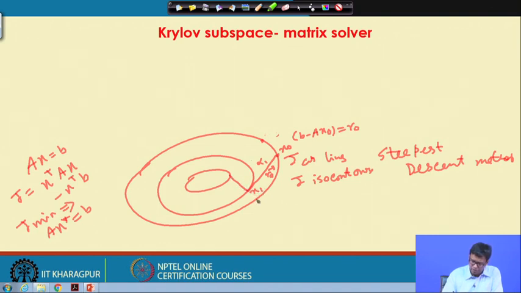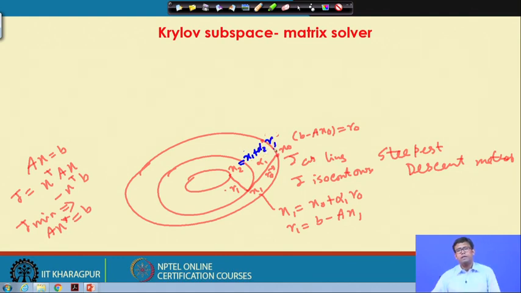So, this is x 1, where x 1 is equal to x 0 plus alpha 1 r 0, and I will evaluate r 1 is equal to b minus A x 1, and then I will move along r 1 to find x 2, where x 2 is equal to x 1 plus alpha 2 r 1, something like that.